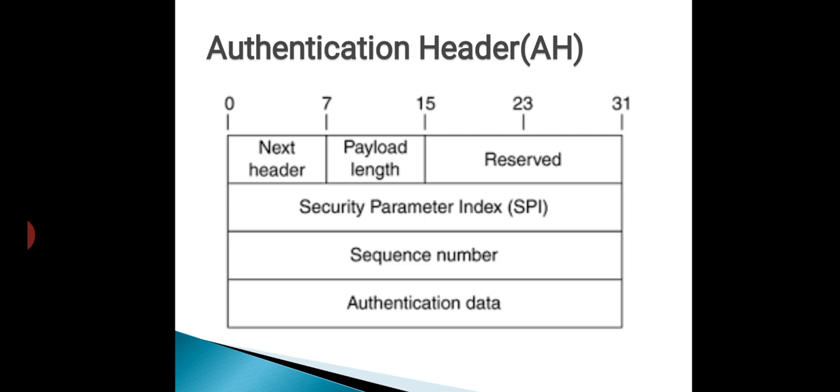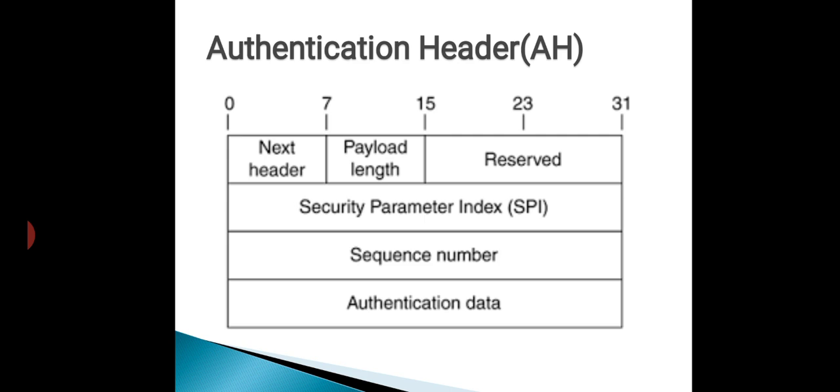First is next header. This is an 8-bit field and identifies the type of header that immediately follows the AH. Next is payload length. It contains the length of AH in 32-bit words minus 2.